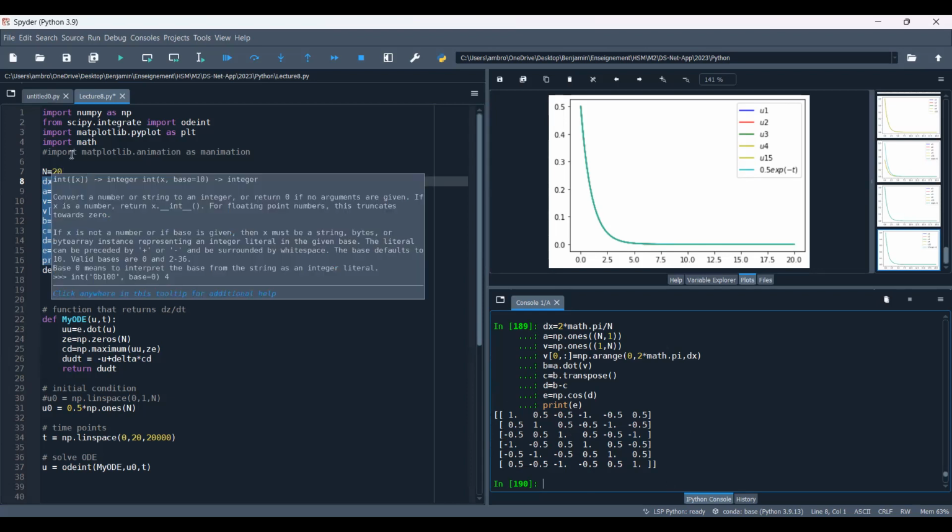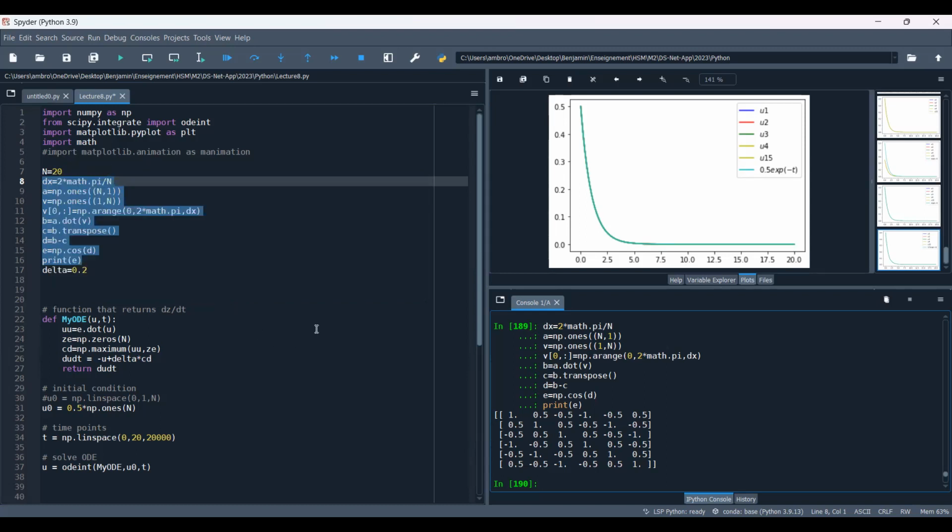Now I can take a larger n, for example, 20. And then I will solve my ODE. So what I need to implement here is my function f. Here I just apply a times u, but I'm going to take the maximum between a times u and 0, which corresponds to my function f.